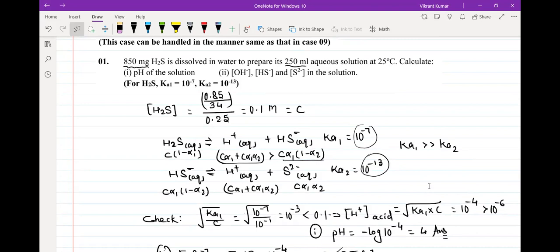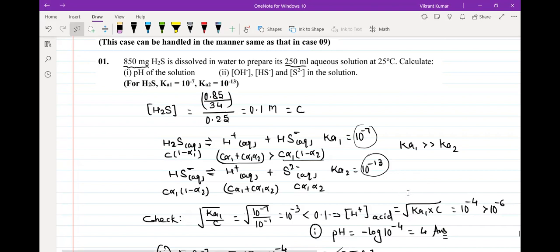And that's why we are saying it is reasonable that we can consider H plus and HS minus almost equal. So H plus is like 10 raised to minus 4 plus 10 raised to minus 13 approximately, and HS minus will be 10 raised to minus 4 minus 10 raised to minus 13. But that 10 raised to minus 13 is so small in comparison to 10 raised to minus 4 that we can ignore it. Okay, that was the point.